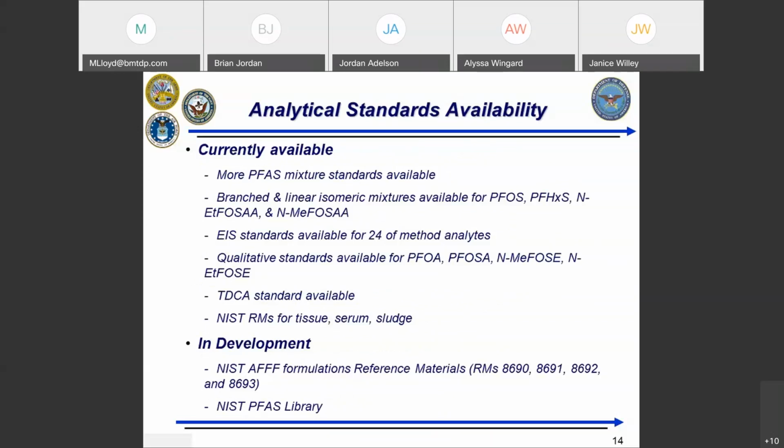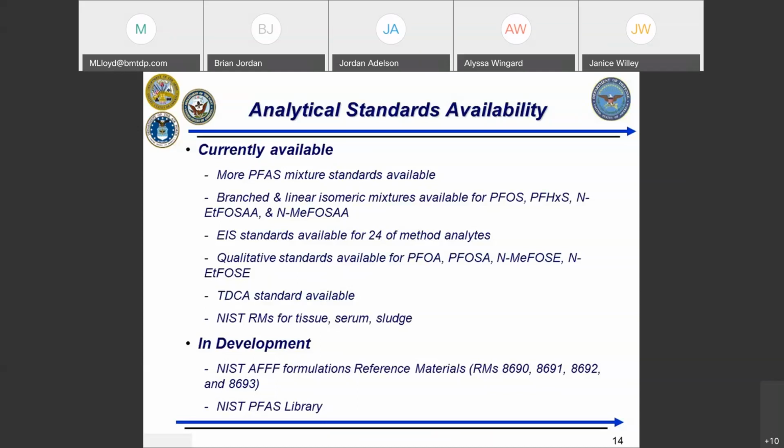More and more PFAS standard mixtures are becoming available, while the number of available quantitative isomeric mixtures is holding steady at 4. FYI, all the standards required for the 1600 series method are currently available right now. There are also some CERTUP funded standard development projects that will be relevant to other future methods.